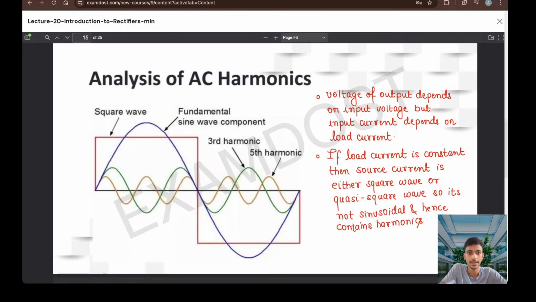Output voltage depends on input voltage, but input current depends on load current, so they are inversely related. If the load current is constant, then the source current is either square or quasi-square wave, so it is non-sinusoidal and hence contains harmonics.